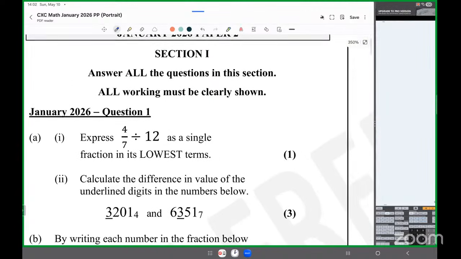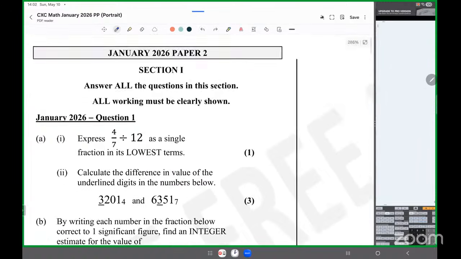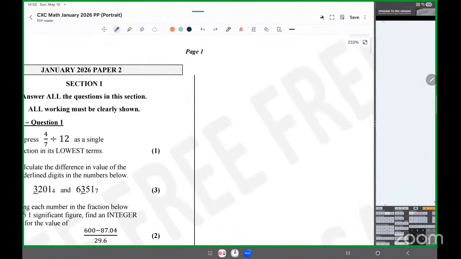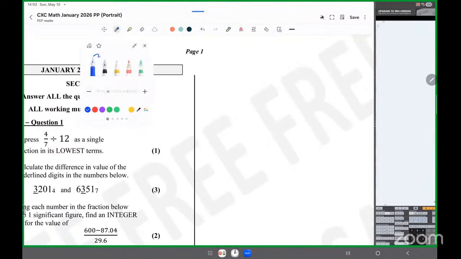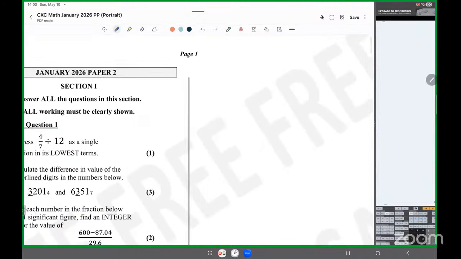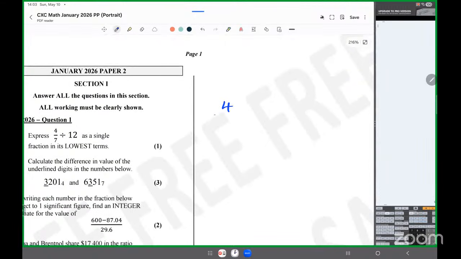So the first question is asking us to express this as a single fraction in lowest terms. So this is a calculator question really. If you like, use the calculator: it is 4/7 divided by 12.